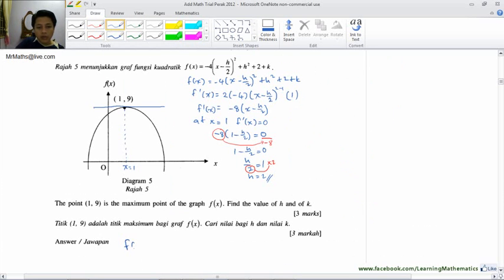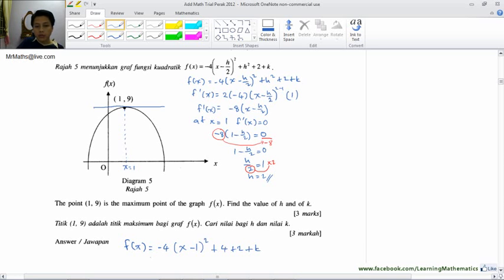So fx now is equal to minus 4 times x minus h over 2, which is x minus 1, squared, plus h squared, which is 2 squared. That means it's 4 plus 2 plus k.